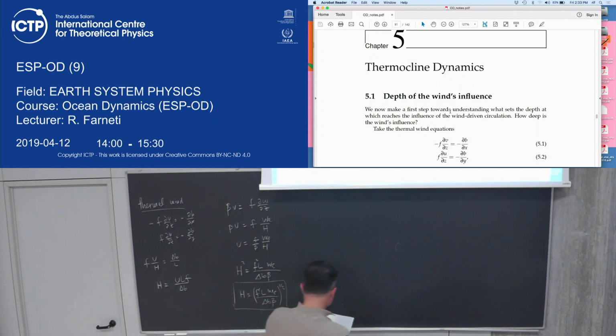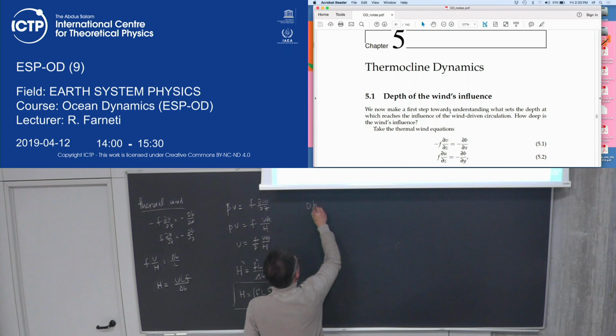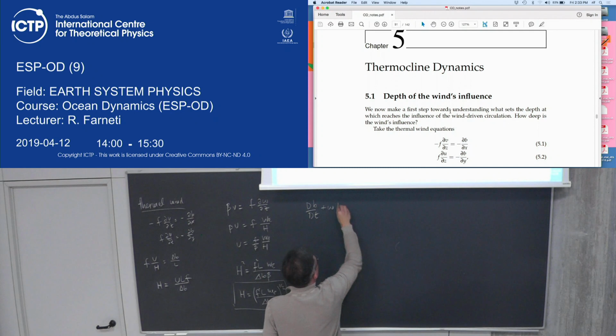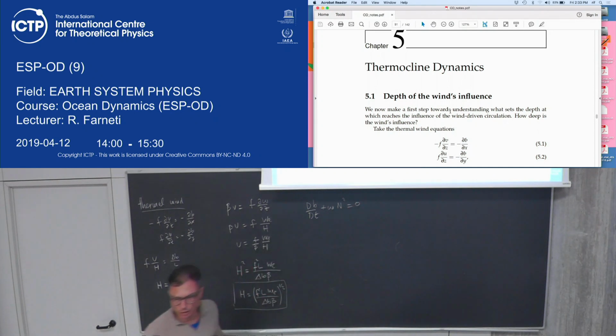Okay, so we look at the thermodynamic equation, which, if you remember, was the Lagrangian derivative of buoyancy plus vertical velocity times N squared equals 0, where N squared is the Brunt-Väisälä frequency. Right? So that's the thermodynamic equation.